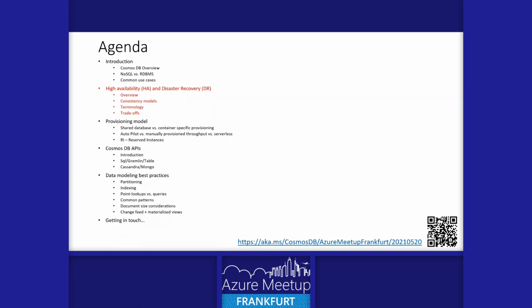But on the other hand, for each Azure region where you provision your data, you also need to pay for it. So there's always a trade-off between the different availability features and the cost of maintaining the service. I also want to drill down into the trade-offs a little bit to make it easier to come up with the right decisions there.